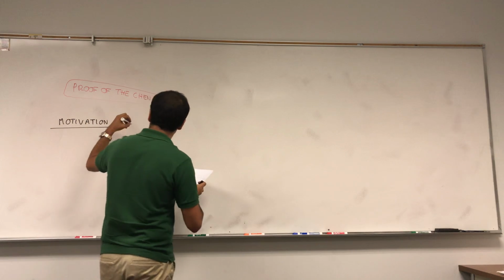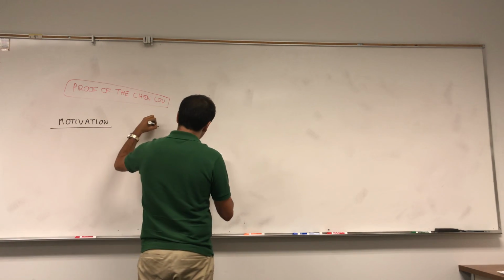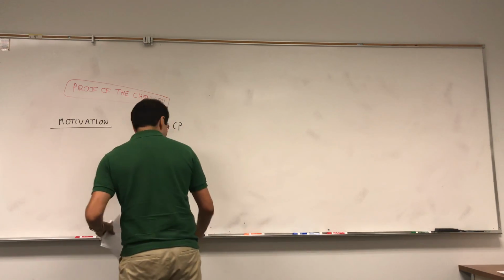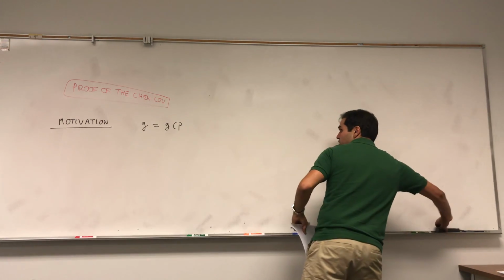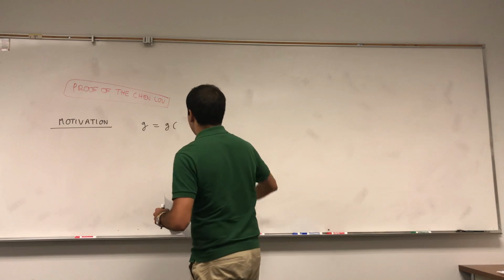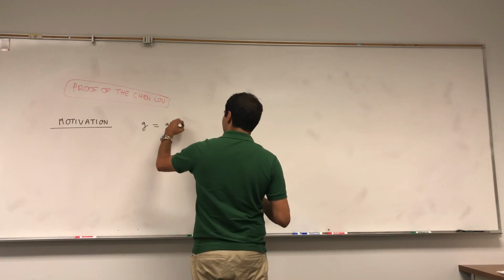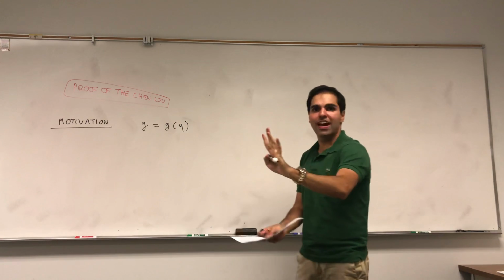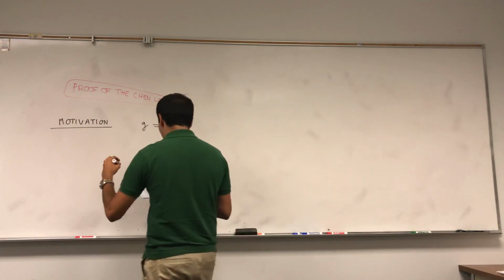Suppose you have a function g that's a function of two variables. So g equals g of q. Again, it works for any number of variables. In fact, it also works for vector functions, so that's not a problem.